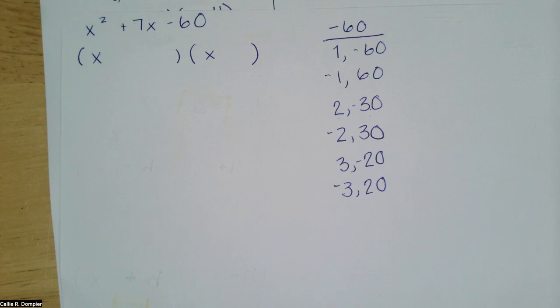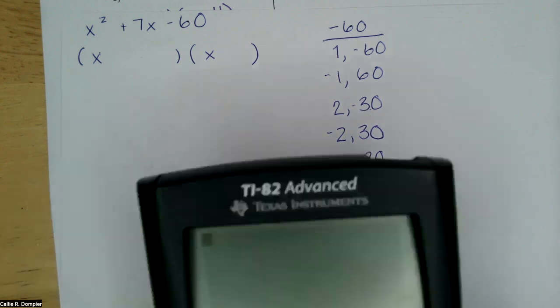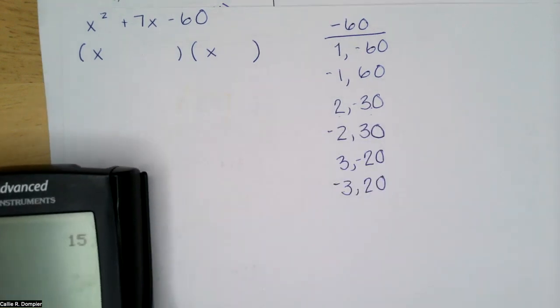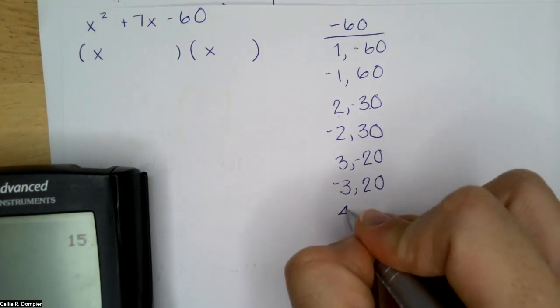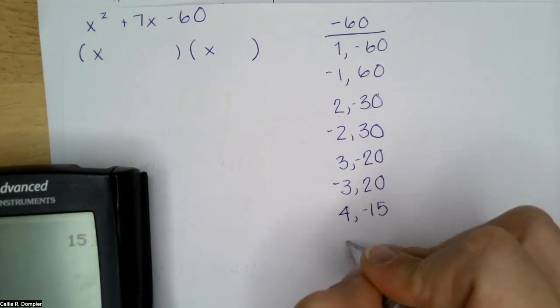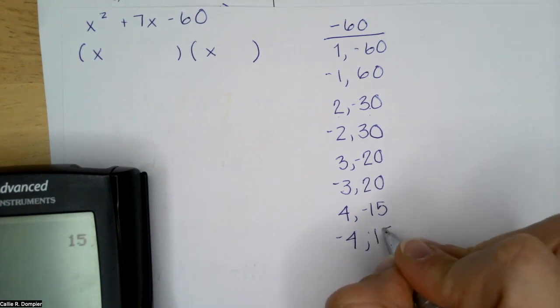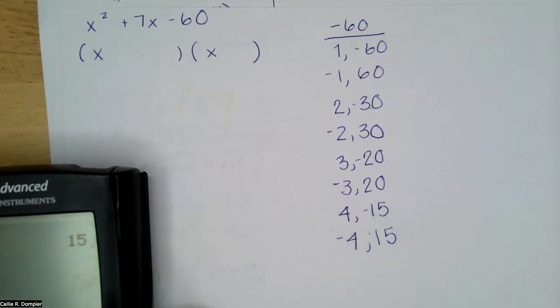Let's see if you can divide 60 by 4. It should have been a negative 60, but we'll say it's 4 and negative 15, or negative 4 and positive 15. Good.